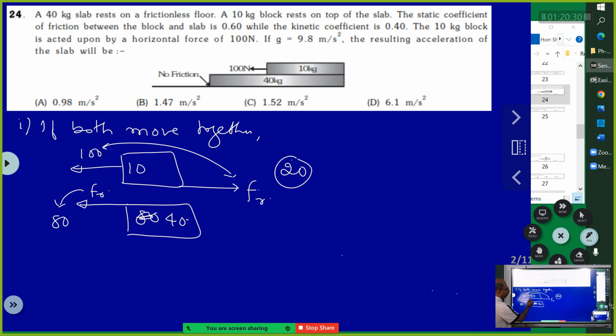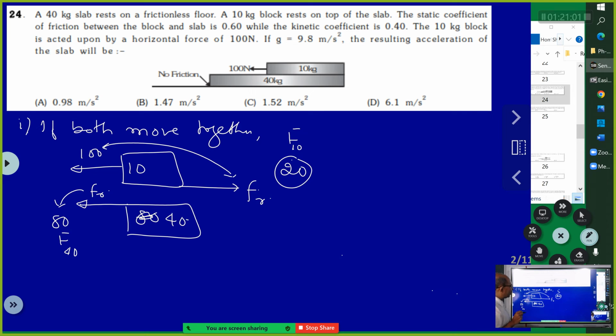So 20 is the net force on 10 kg, and 80 is the net force on 40 kg. So 80 by 40 is 2 meters per second square to the left, and 20 by 10 is 2 meters per second square to the left. So both will move without any problem.